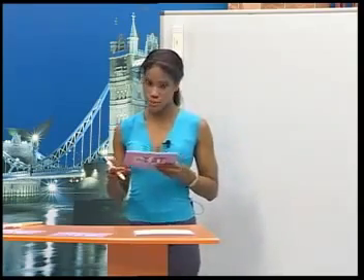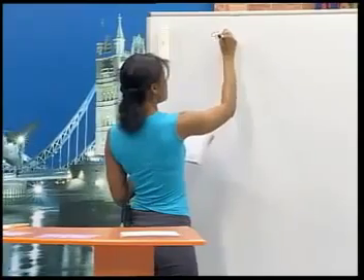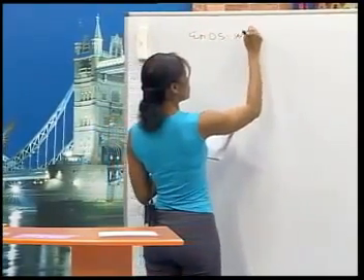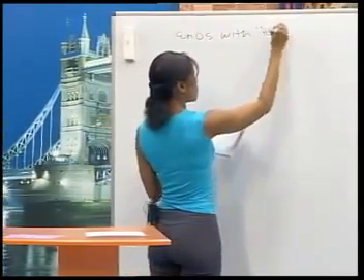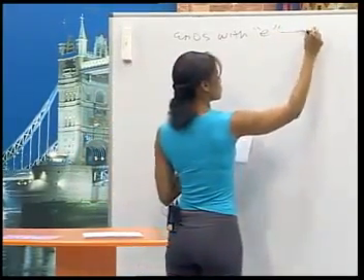With most regular verbs, we usually just add ed to create the simple past. But you must be careful with the spelling of some verbs. When a verb ends with e, we just add a d. Okay?